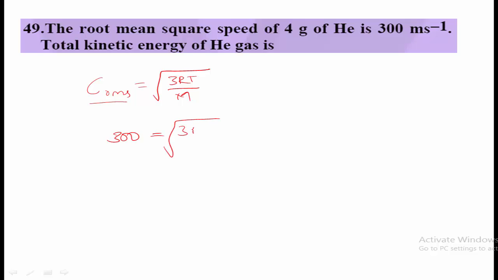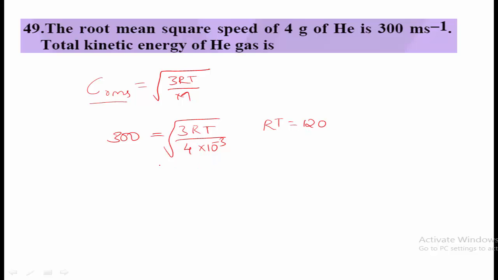Square root of 3RT by M, M means how much? 4 into 10 raised to minus 3. So RT is equal to how much? On solving you will get RT is equal to 120.